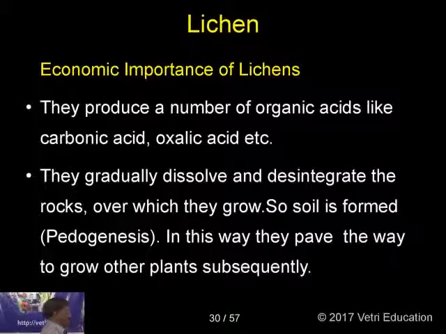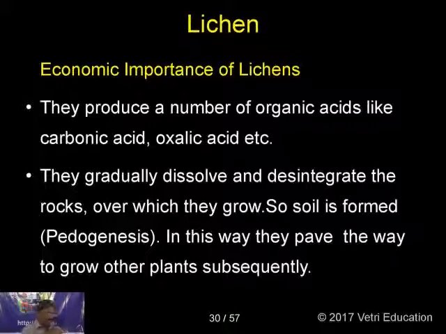The soil is formed, that is called pedogenesis. Pedo means soil, land, and the study of land is called pedology. So the formation of soil is pedogenesis, genesis being formation, in which they pave the way for other plants to grow subsequently.